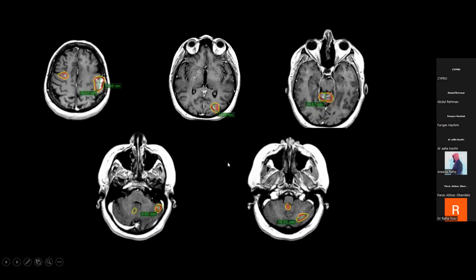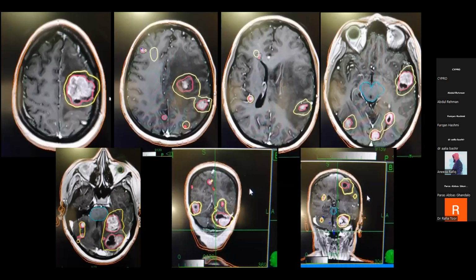You can see this is an example of one patient having around 5 to 6 lesions. They are quite far away. We used only 1 millimeter of margin, and we were safe to deliver the radiosurgery. She was a very young patient, around 25, 26 years old, with triple negative breast cancer.